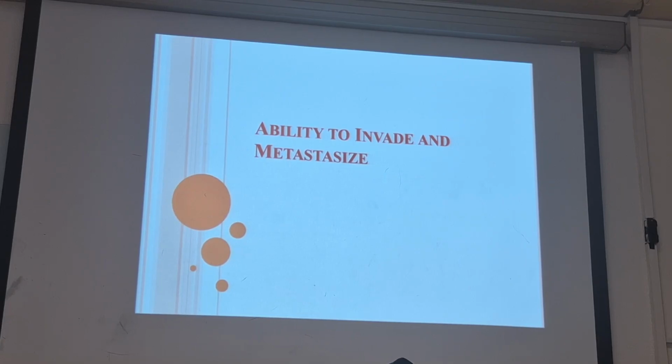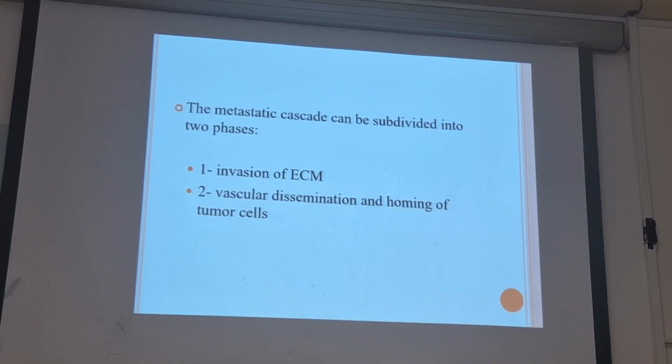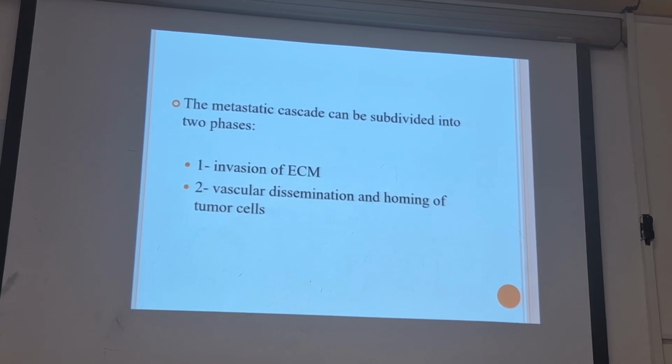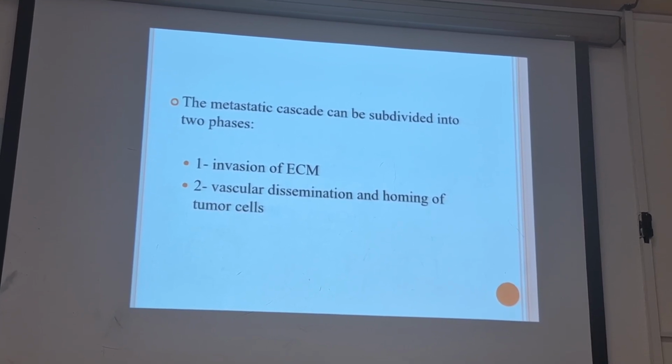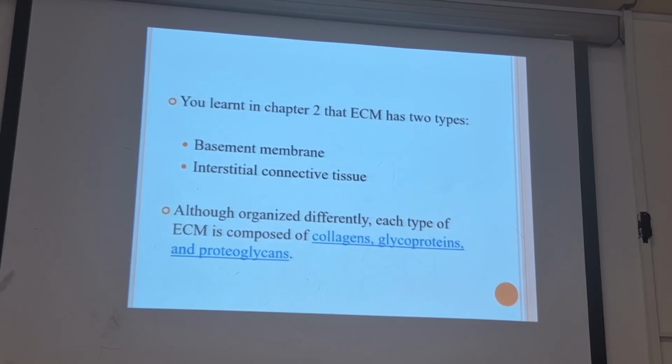Now about the ability to invade and metastasize. The metastatic cascade can be subdivided into two phases. At first, we have invasion of the extracellular matrix, and after that, we have vascular dissemination and homing of the tumoral cells.